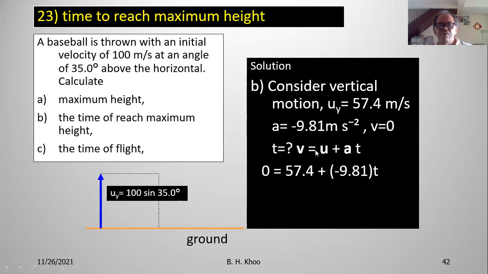Put in your values, your U, that's your U, a is minus 9.81, t, and the velocity at maximum height is 0. Okay, so we can take this across there, and cross multiply, 57.4 divided by 9.81. We get 5.85 seconds.